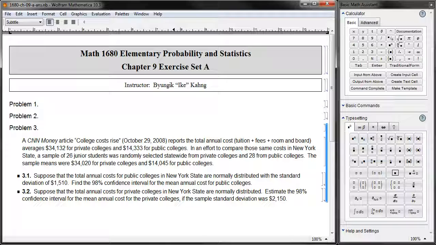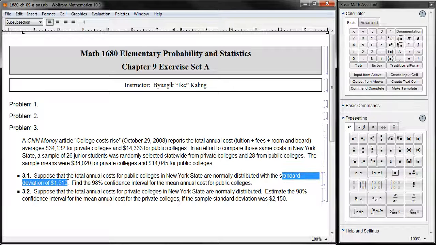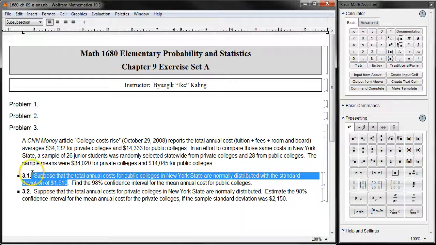Do you remember that I emphasized period right here when I was reading 3.2? That was intended as a hint actually. Here in 3.1, the standard deviation of 1,510 came with the same sentence as the description of the population.